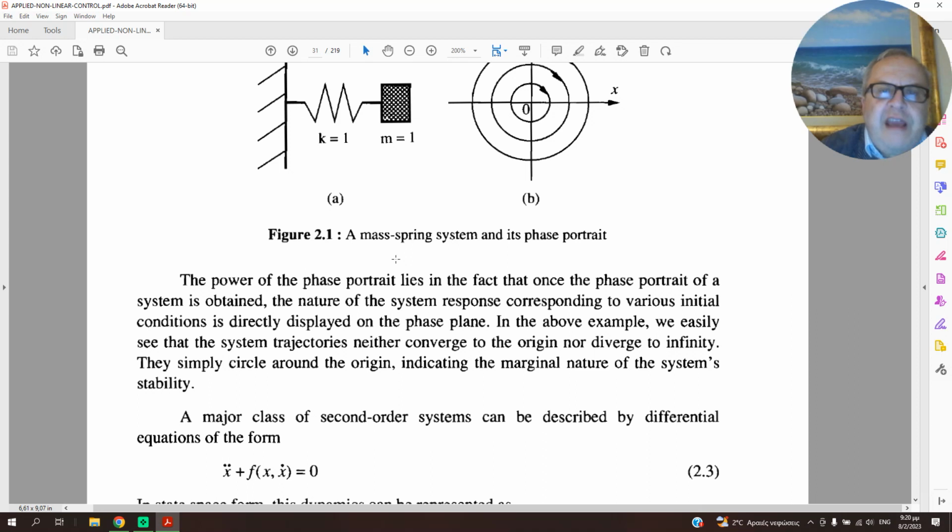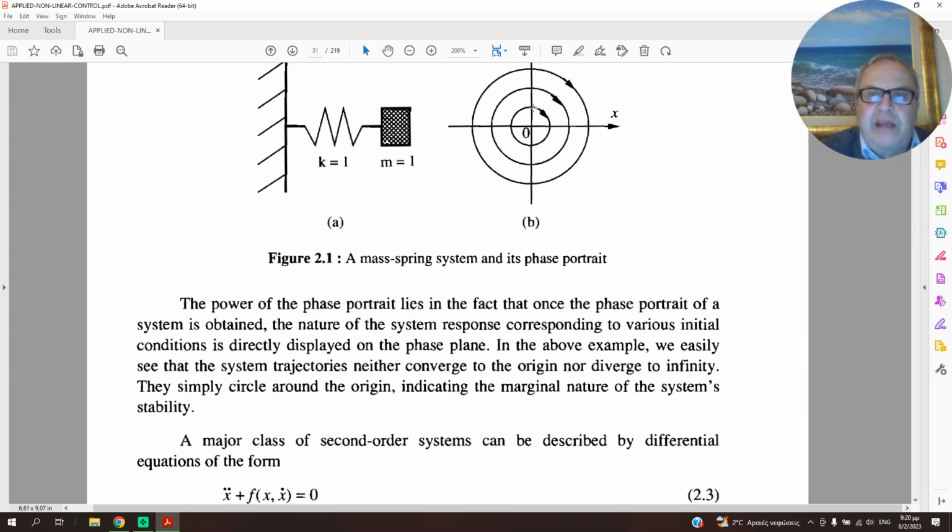The power of the phase portrait lies in the fact that once the phase portrait of a system is obtained, the nature of the system response corresponding to various initial conditions is directly displayed on the phase plane. In the above example, we easily see that the system trajectories neither converge to the origin nor diverge to infinity. So no trajectory goes to 0 and no trajectory goes to infinity.